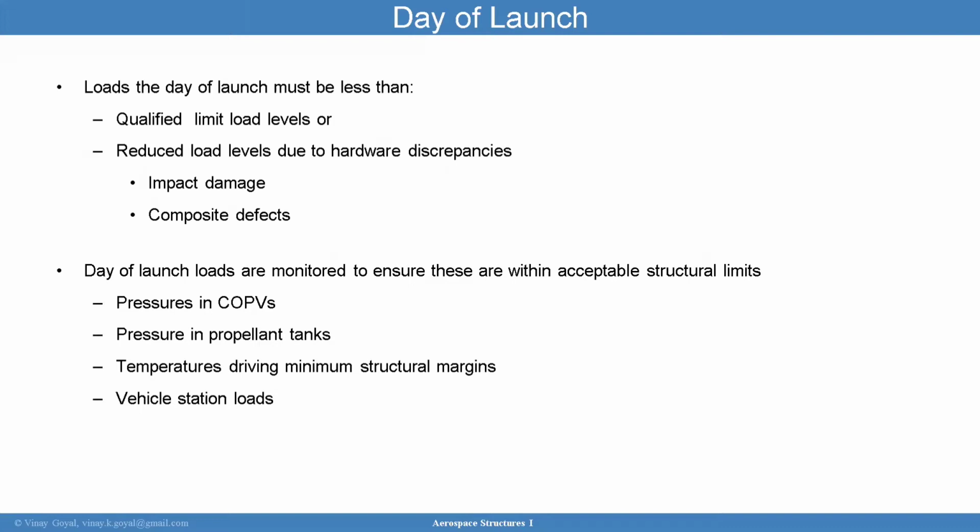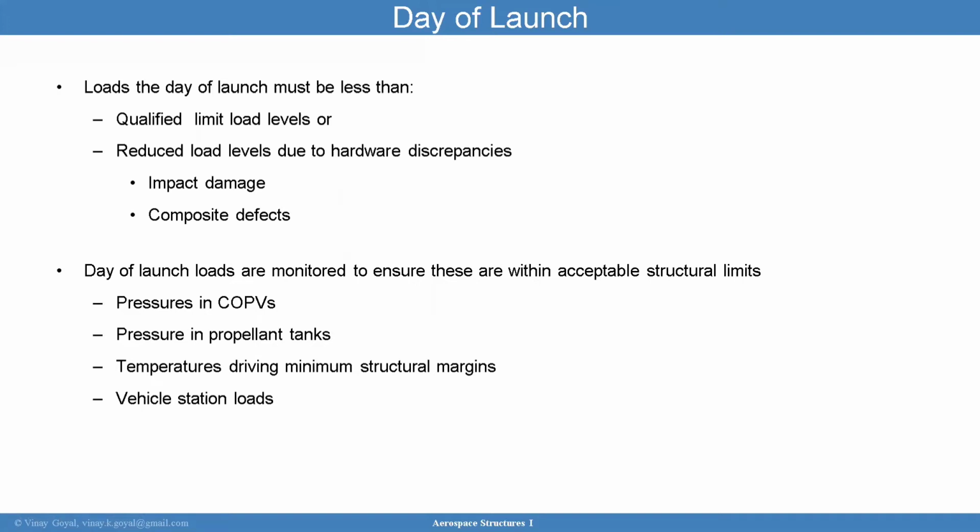And the way you can determine whether the loads are within the qualified limit loads is sometimes you have to send weather balloons to make sure that you're staying within the qualified capability. Day of launch loads are monitored to ensure that these are within the acceptable structural limits. Typically, we're checking the pressure in the COPVs, pressure in propellant tanks, and temperature driving minimum structural margins.